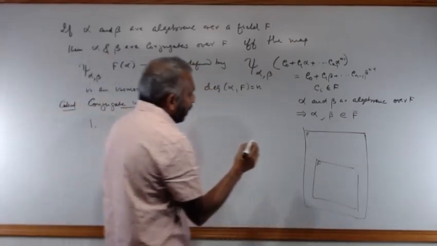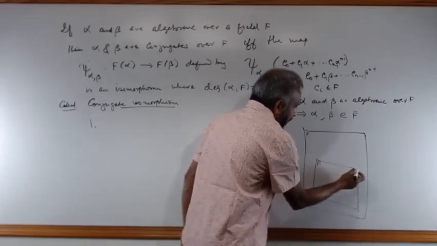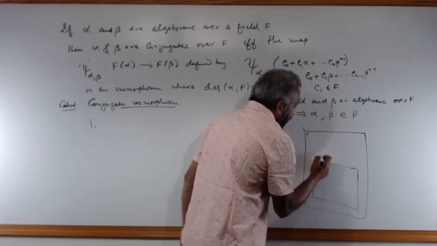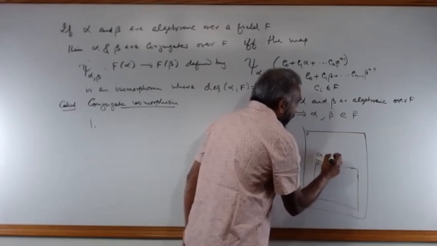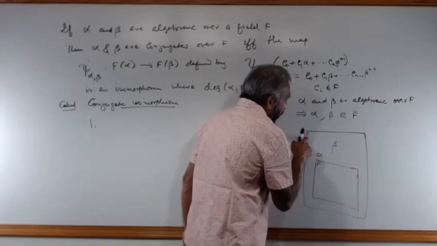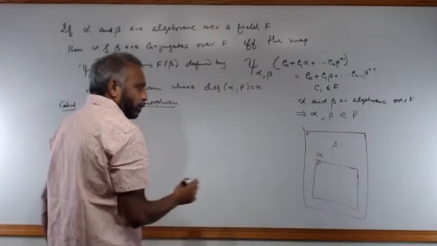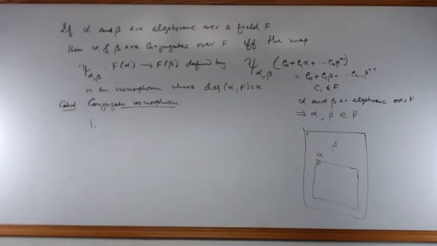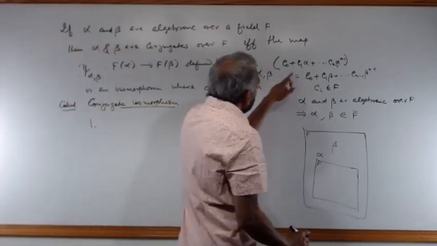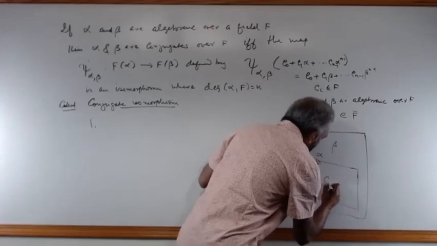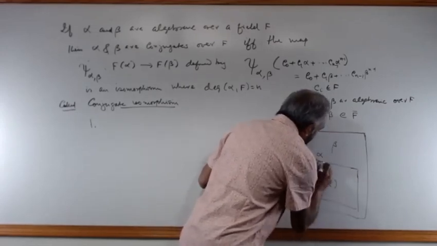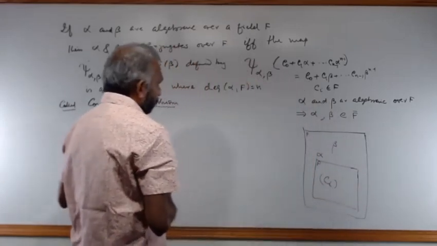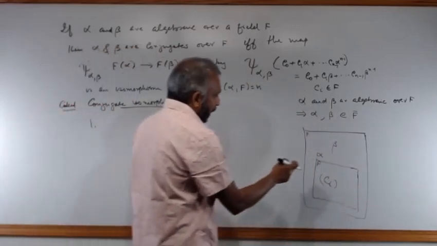So alpha and beta could be in F, but then it is of no interest. So they are inside F closure, somewhere here, or probably here, no problem. It's also algebraic. And all the Ci's are coming from inside F. It doesn't go beyond F.